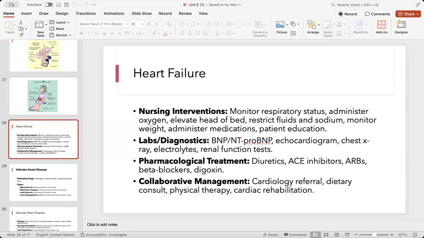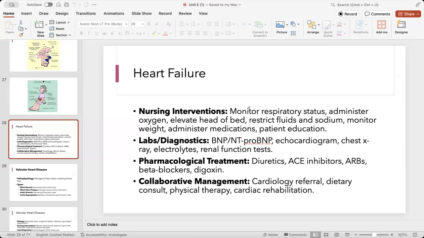So if we have a lot of sodium intake, that's going to cause even more fluid buildup in that vasculature because our fluid is trying to dilute that salt, so it causes even more edema. Okay. These patients, we always want to monitor daily weights. We want to see how much weight they're gaining. It's really, really important to know that on these types of people.